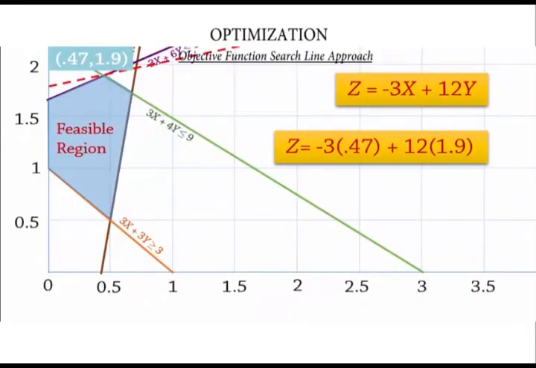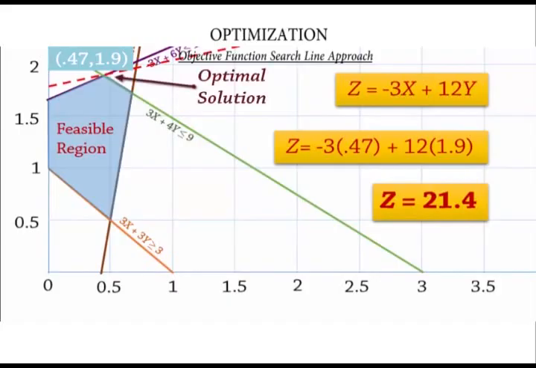Substituting that in the objective function gives us 21.4. If the problem involved items that can't take fractional values, then we would have to find whole number points nearest to the optimal corner. In fact, in our case, there's only one such point, (0, 1).